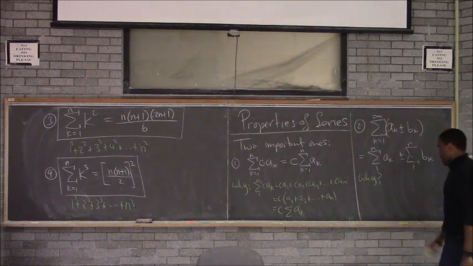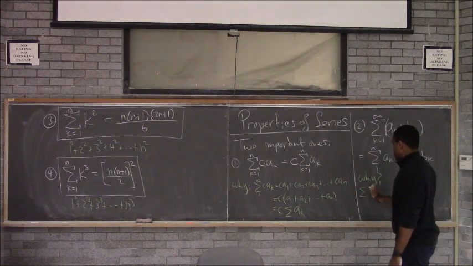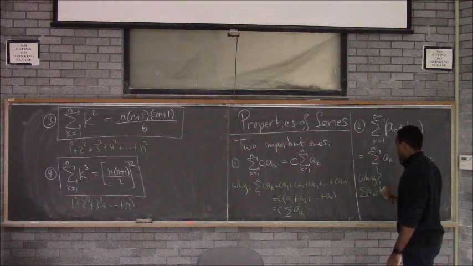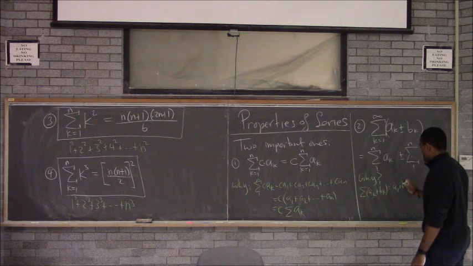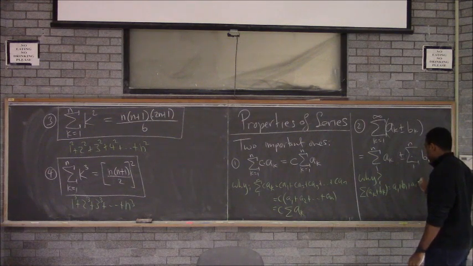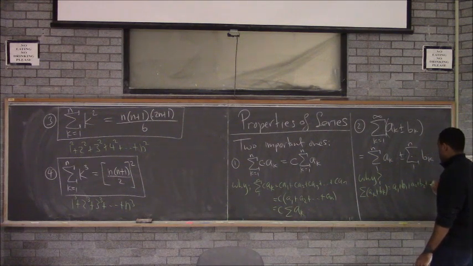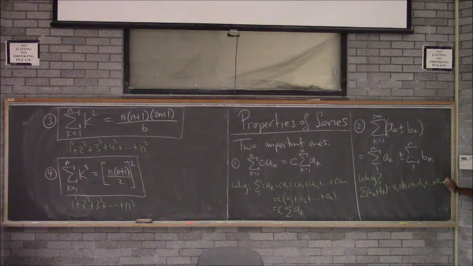Why would that be the case? Well, if I have the sum of a_k plus b_k, that's going to be a_1 plus b_1 plus a_2 plus b_2 plus all the way up to a_n plus b_n. But this is now just a regular list of terms being added.